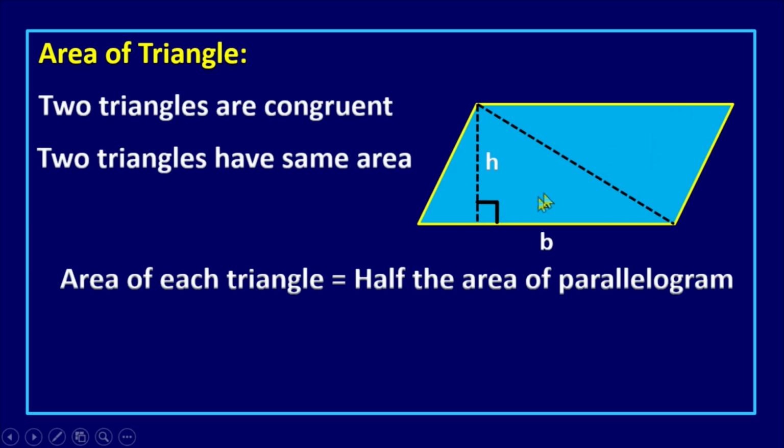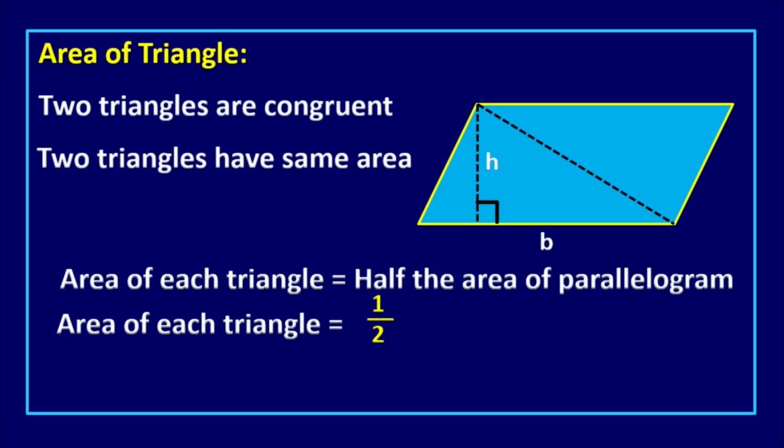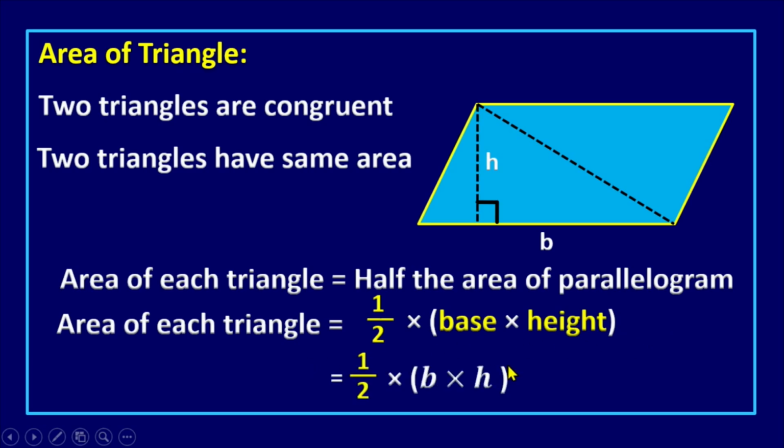That means area of triangle will be half of parallelogram. So half, that means 1 by 2 into area of parallelogram. We have already learned that is base into height. So area of triangle is given by half into base into height, or simply I can write half bh square units. So children, the formula to find area of triangle is half into base into height.